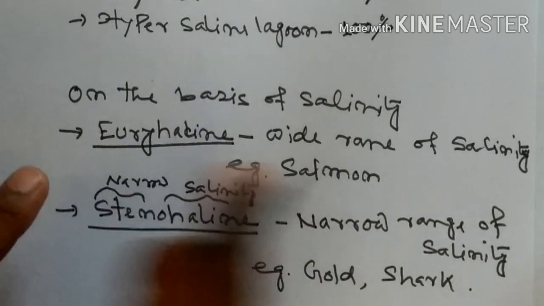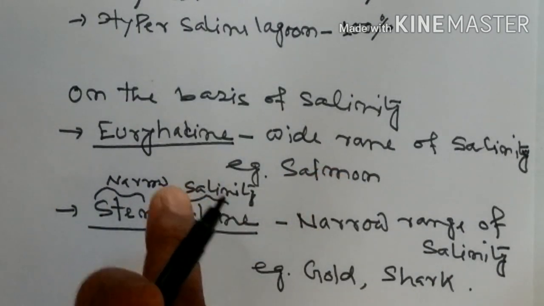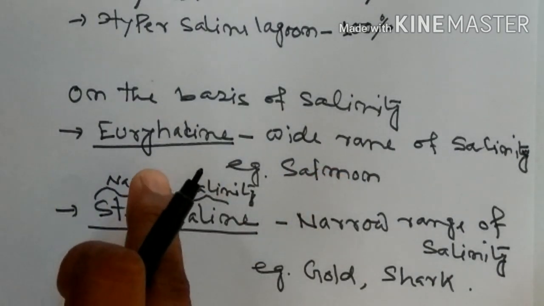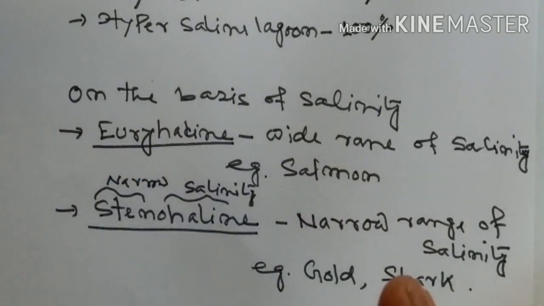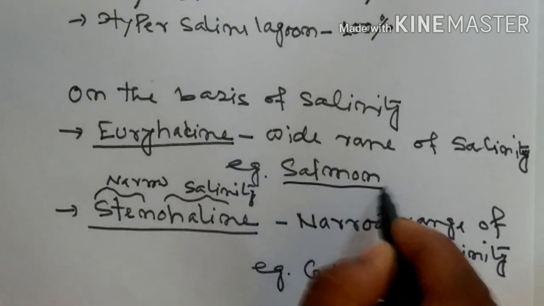So on the basis of salinity, animal beings or organisms are of two types. Number one is euryhaline, another one is stenohaline. The organism which can survive in a wide range of salinity of water, that means they can survive in high range of salinity of water, and also in low range of salinity of water, such as salmon fish.